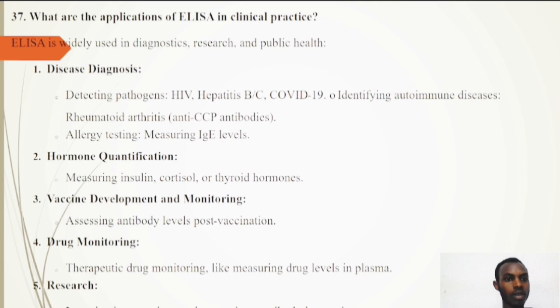Hormone quantification: ELISA is used to measure insulin, cortisol, or thyroid hormones. Insulin is a protein that helps with the reduction of glucose.